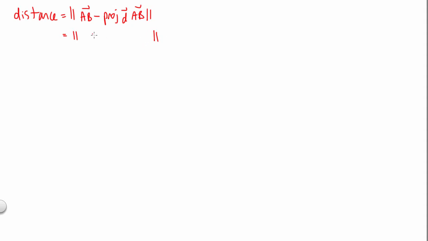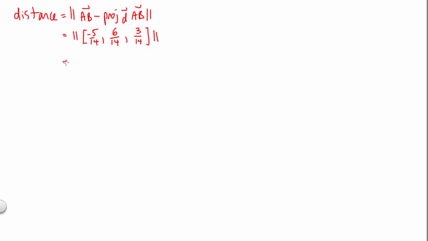So it was the vector (-5/14, 6/14, 3/14). And just for the sake of calculating the length here, I've multiplied that 1 over 14 through.